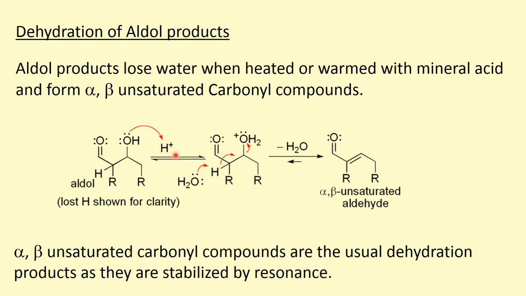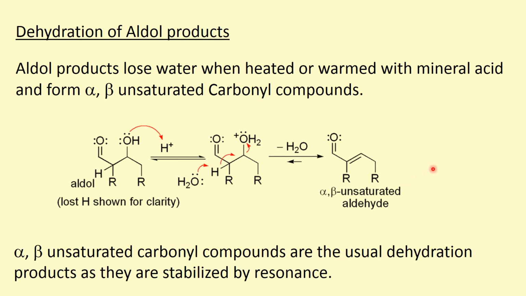In presence of mineral acid, this H plus occupies a lone pair of electrons of the oxygen atom. So the oxygen atom acquires positive charge, and then this hydrogen is removed as H plus, the electron pair shifts here and water is removed, and finally you will get the alpha beta unsaturated aldehyde.